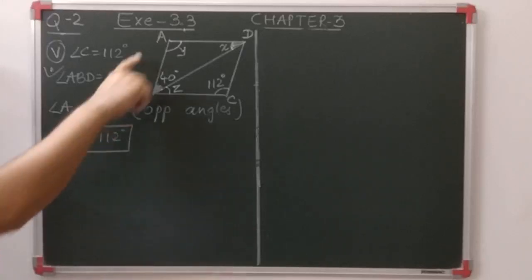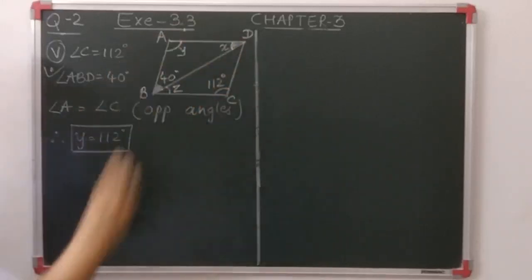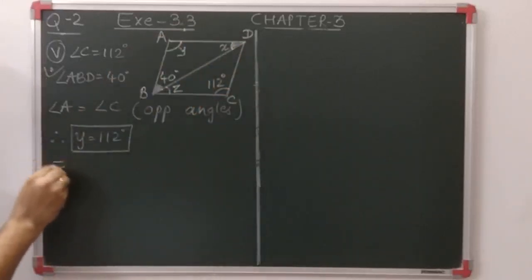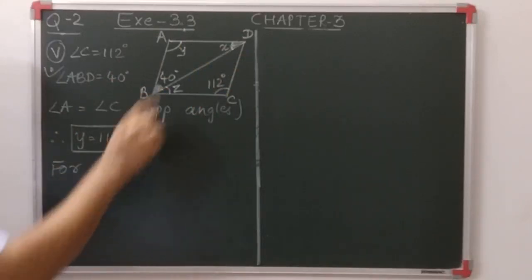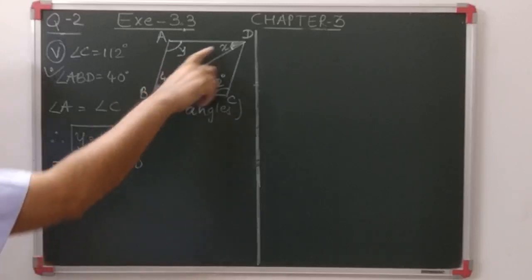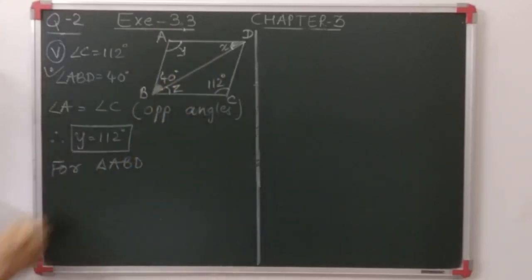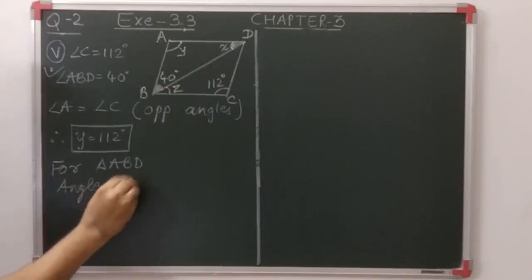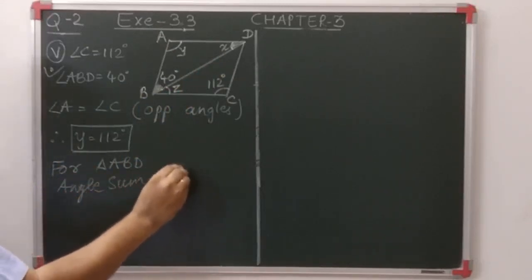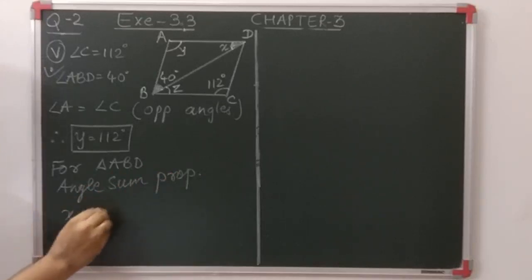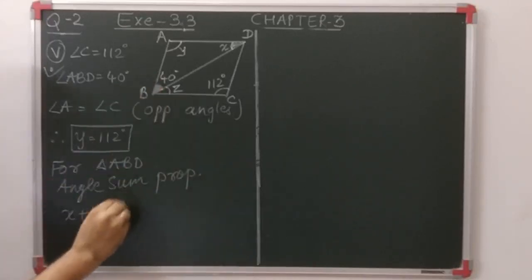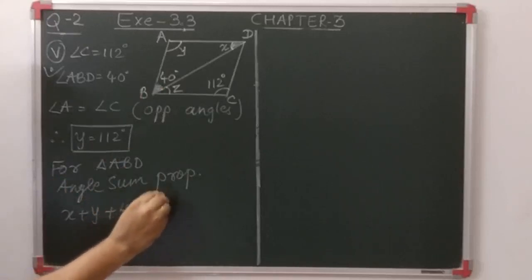Now you look at this, that ABD is a triangle. Now for triangle ABD, we have two values. We have angle A, we have this angle B, and X we have to find out. So by using the angle sum property, the sum of all the angles, that is X plus Y plus this 40, is 180 degrees.